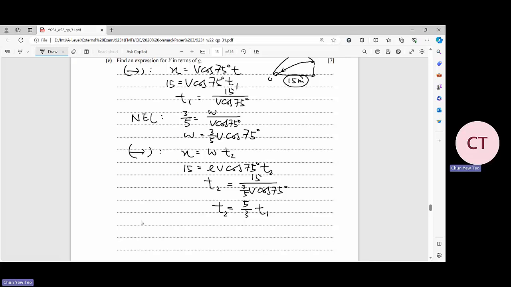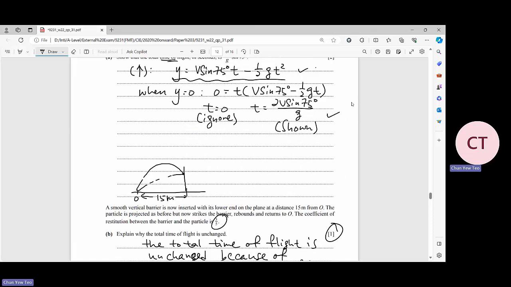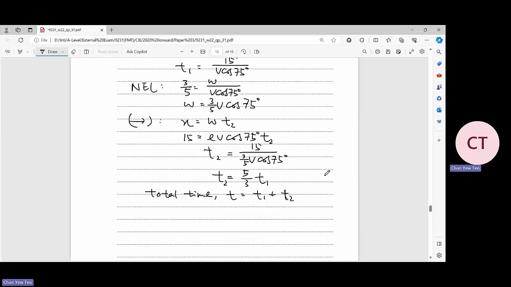Now, from part 2, we know that the total time is the same. So the total time T is equal to t1 plus t2. The T is given as the value just now. This is the total time of the travel of the particle.